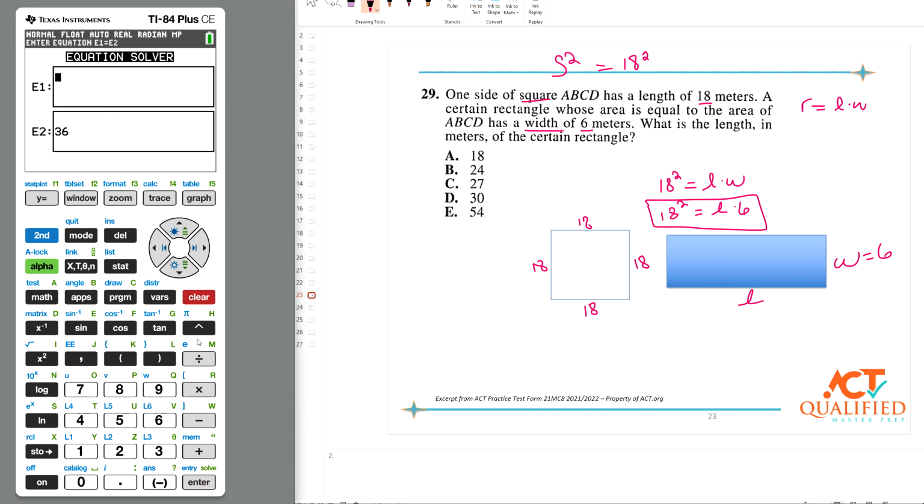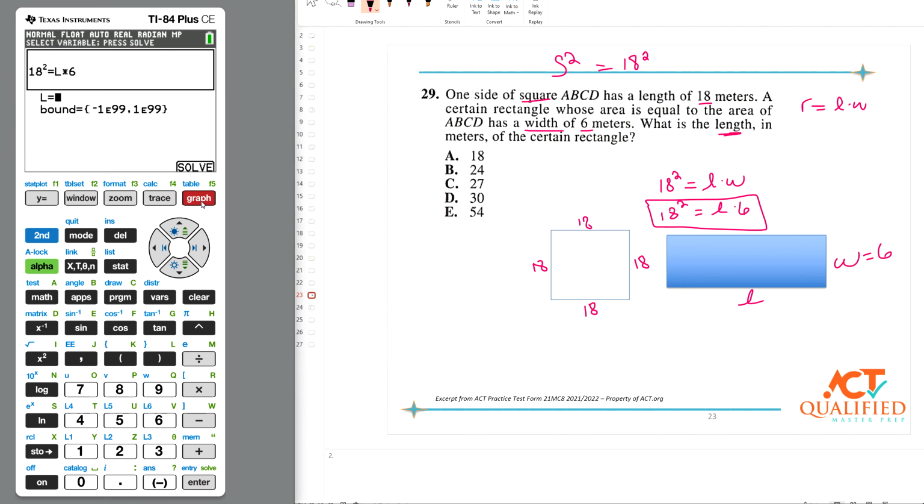I told you guys that this numeric solver will be a lifesaver when you are working your problems. So this is really cool. Length times 6, and we are solving for length. Now we have our left side, E1, and the right side, E2. Select graph. You want to select graph again to solve.